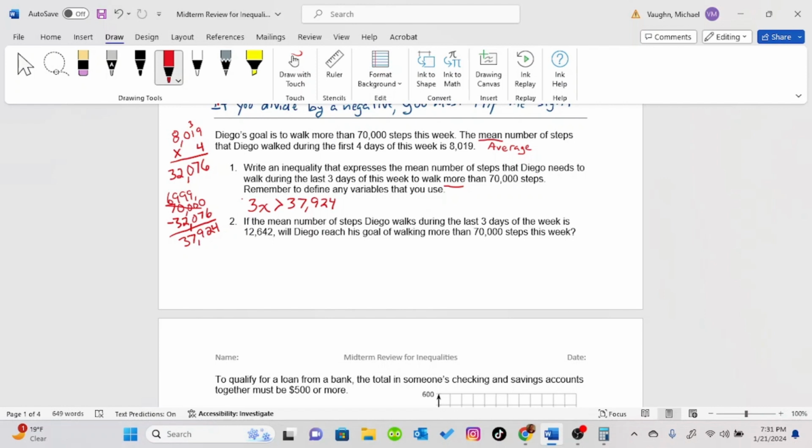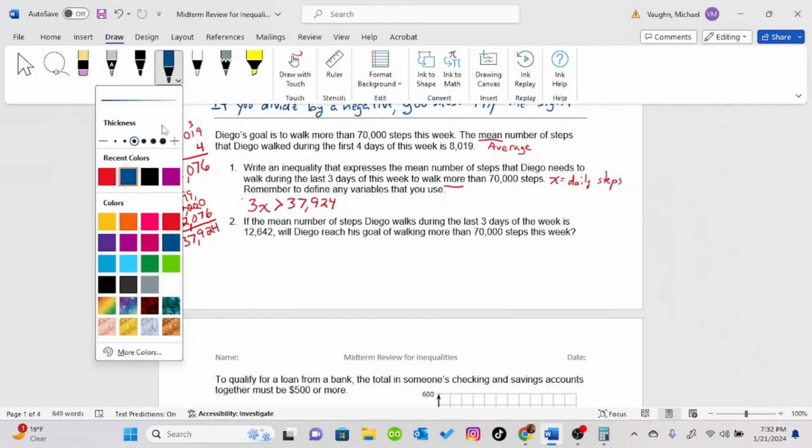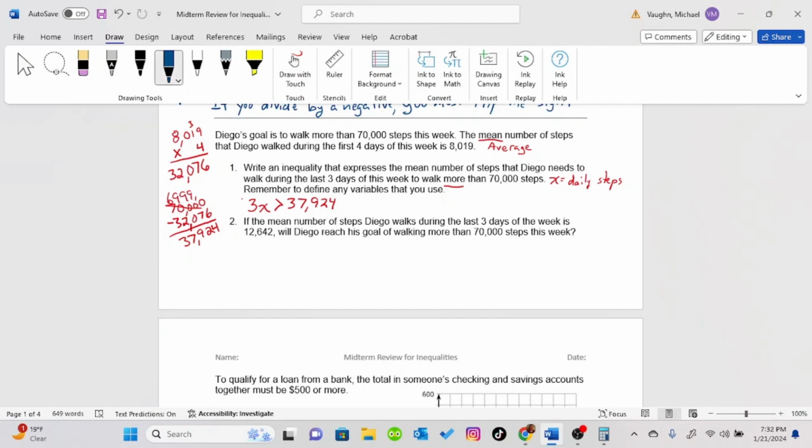So x is daily steps. So 3 times x is multiplication. So we are going to divide.